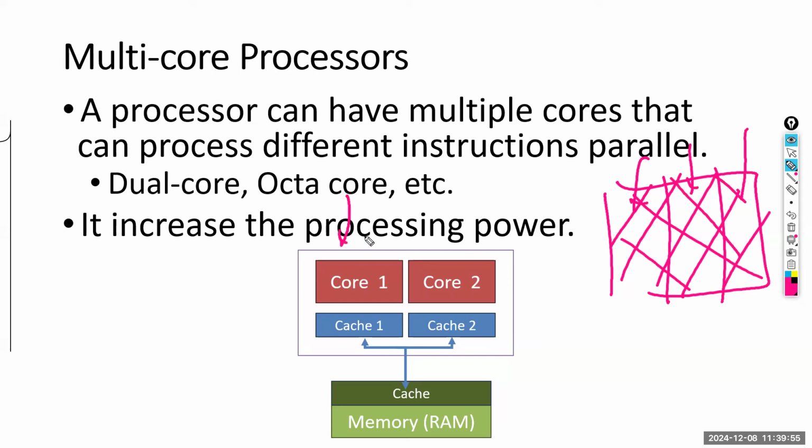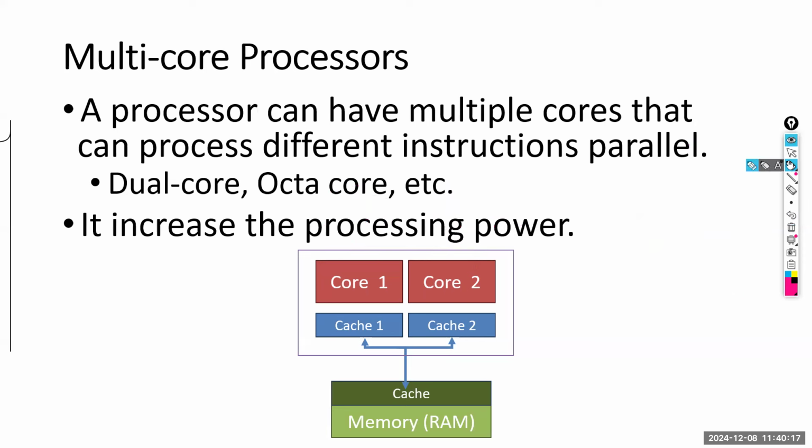These cores can do processing in parallel. This core is processing a set of instructions, this core is processing another set of instructions. So that will improve the performance of your computer if you go for multi-cores.